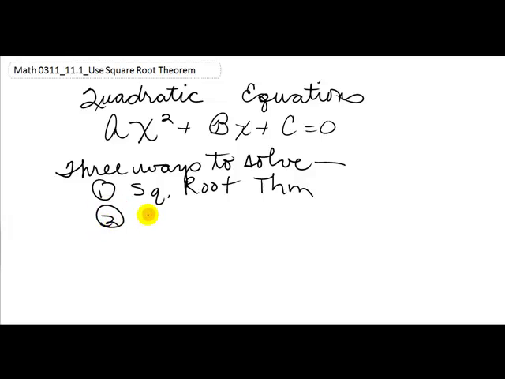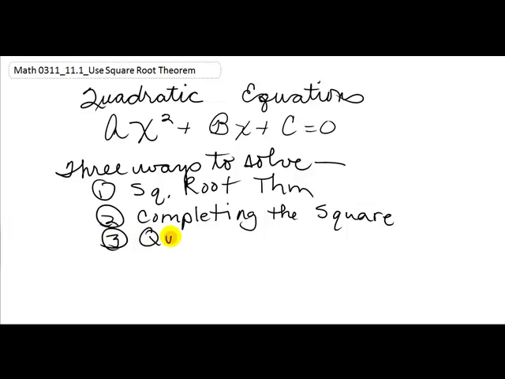The second way is completing the square. The third way is to use the quadratic formula. We also could just factor, but if you can't factor, then you've got to use one of these other ways.